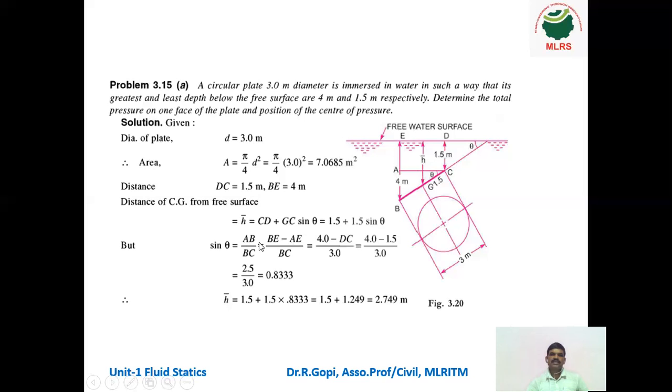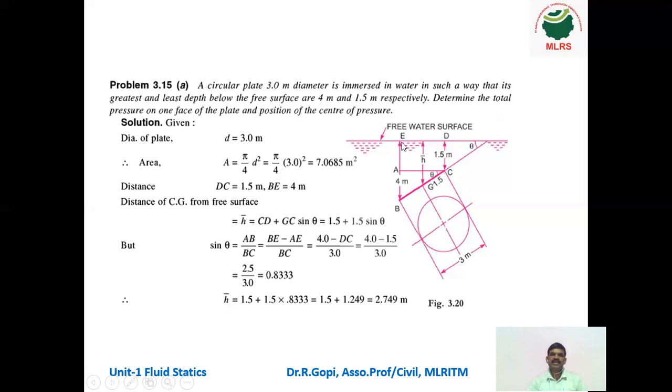Now what is AB? How to calculate AB? Here the AB value is not given. Instead of the AB value, they gave the BE value and the CD value. So AB is BE minus CD, or BE minus AE.